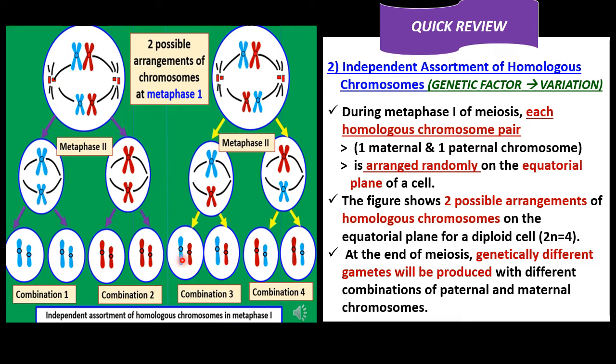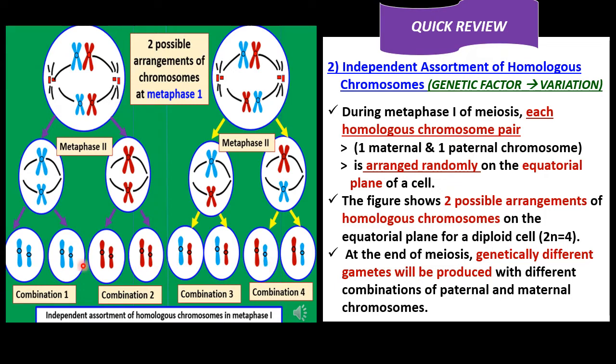The third combination of paternal and maternal chromosomes is in this gamete. It has 1 paternal chromosome number 1 and 1 maternal chromosome number 2. And the fourth combination is seen in this gamete, which has 1 maternal chromosome number 1 and paternal chromosome number 2.